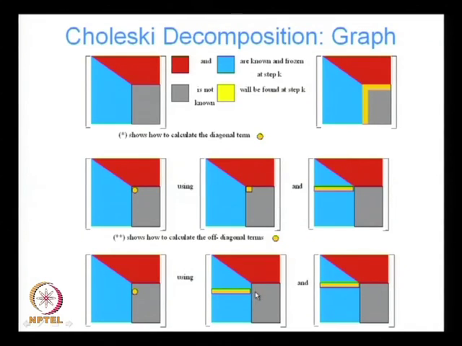This row times this column gives me the updated value. Again, to compute the updated value, we only need terms in the blue or red regions of the matrix, that is, we only deal with terms which are already known, which is a significant advantage of this method.